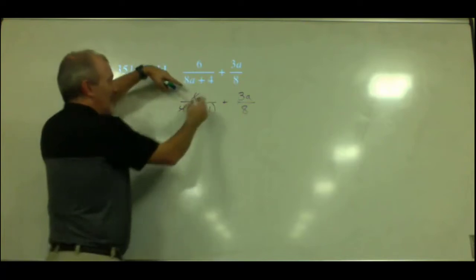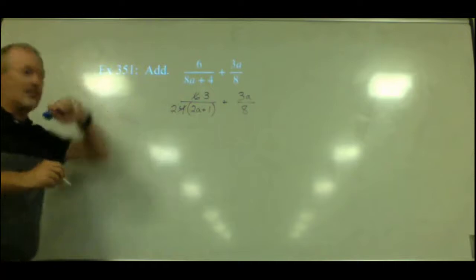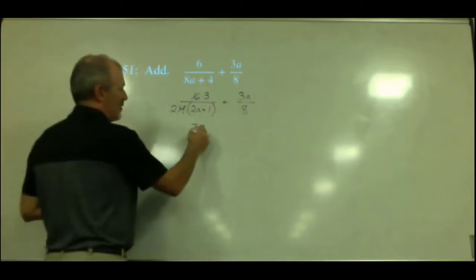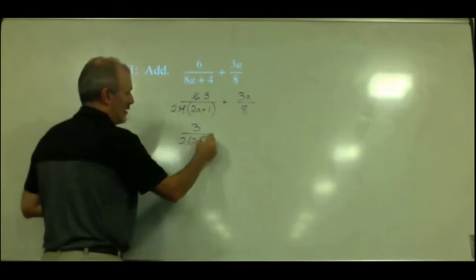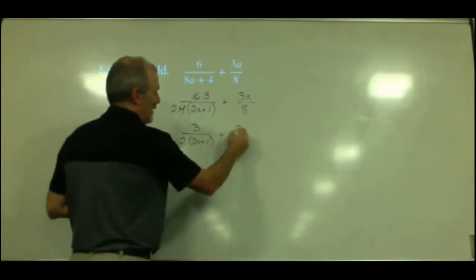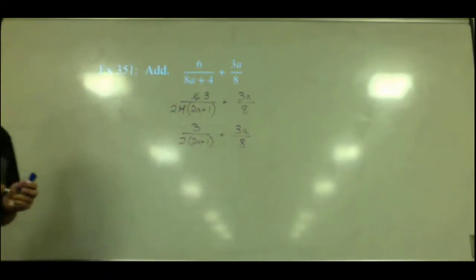We can divide them both by a 2, so this becomes a 3 and this becomes a 2, right? So now we have 3 over 2 times 2a plus 1 plus 3a over 8. Okay. Now we need to get our common denominator.